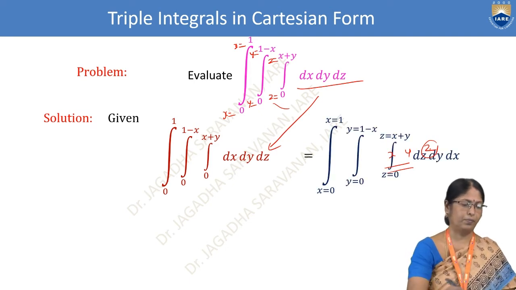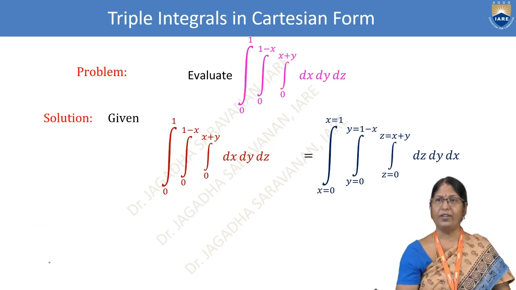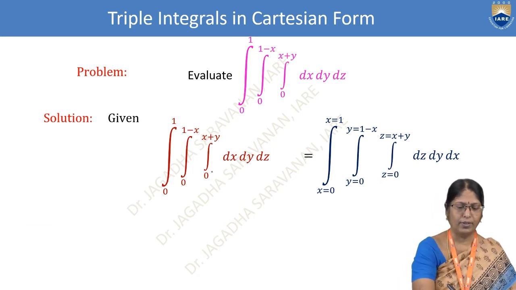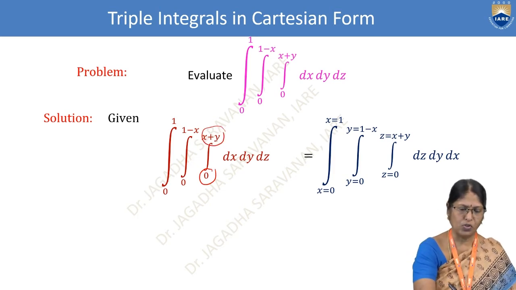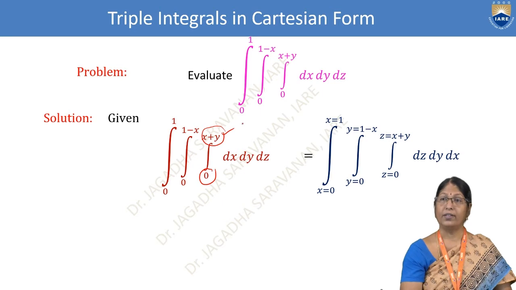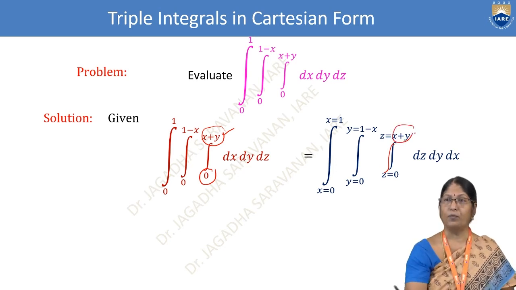The next, we modified it because the innermost integration is a function of x and y. So here z is dependent on x and y.